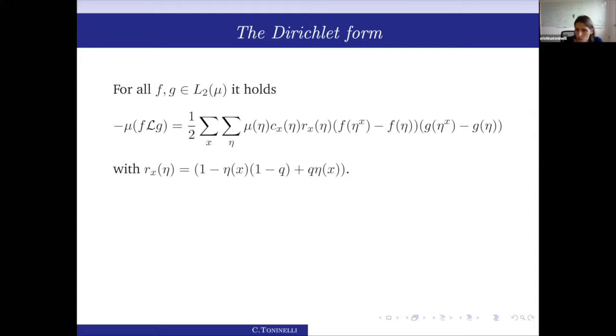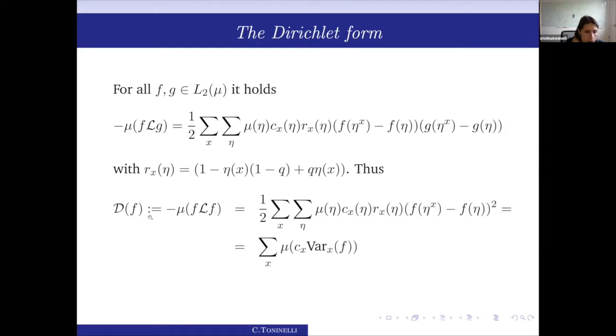Before doing that, I would like to make this small interlude in which I will give you the formula for the Dirichlet form, the quadratic form, which will be a very important tool in our analysis. So from an analytical point of view, the Dirichlet form of a function f is simply minus mu, the mean, of the function times the generator applied to the same function.